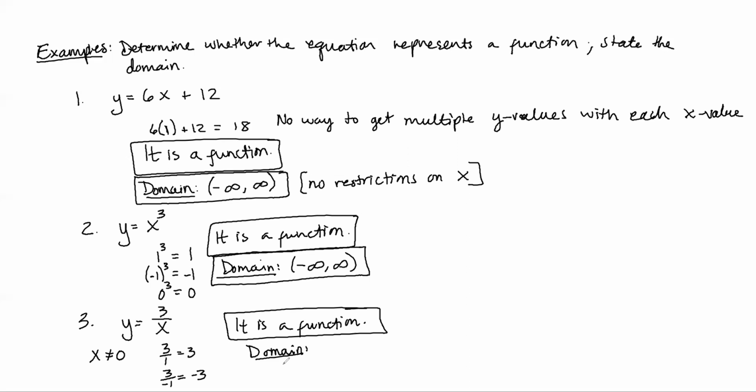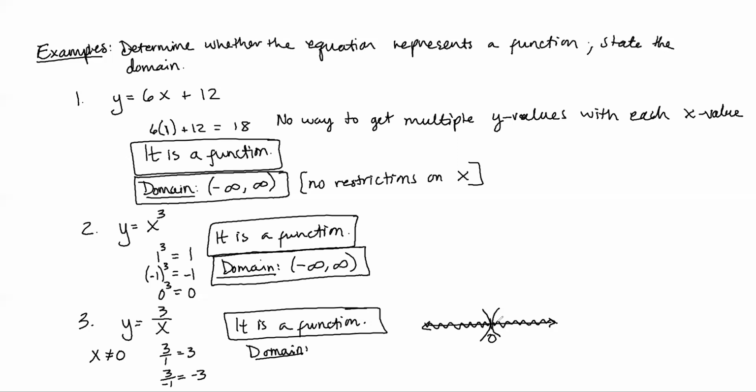But the domain's a little bit weird for this one because we want to write this as an interval. If you think of this on a number line, if we have 0 right here, I can have everything to the left of 0, everything to the right of 0, but I cannot include 0 itself. So you can think of a parenthesis going this way, a parenthesis going this way.